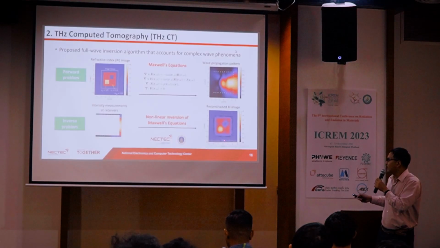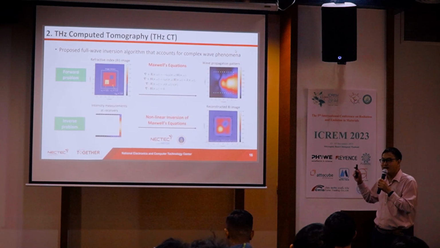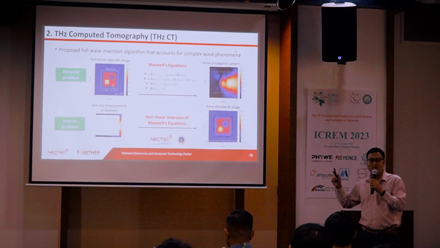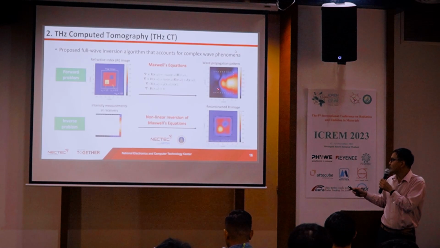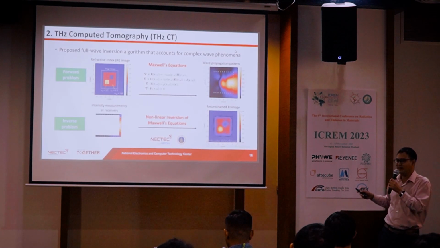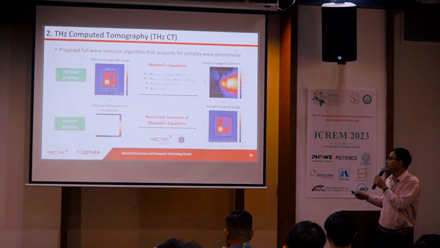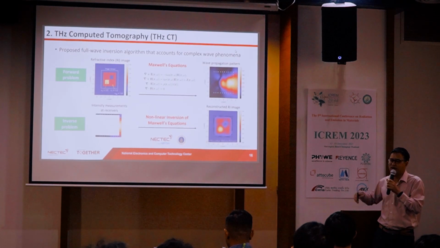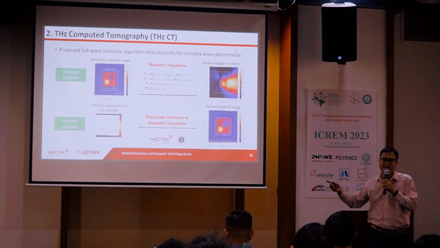The best reconstructed image should give you the corresponding wave propagation pattern that is closest to what you measure. So if you get the wrong image, then the corresponding simulated wave propagation pattern will not be similar to what you actually measured.